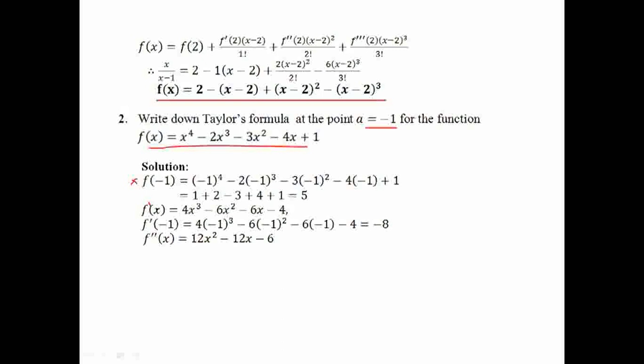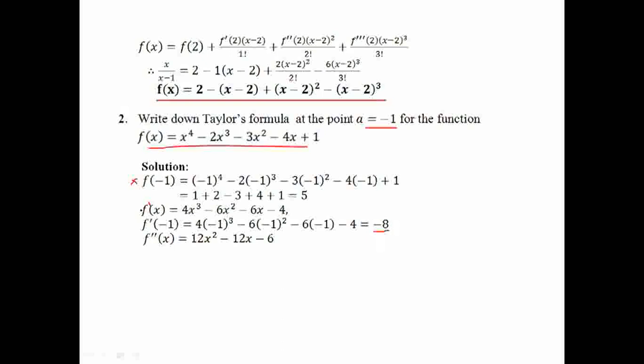Then, where there is x, we replace it by -1, the value of a as given in the question. After careful replacement, it gives -8. So we keep this value.